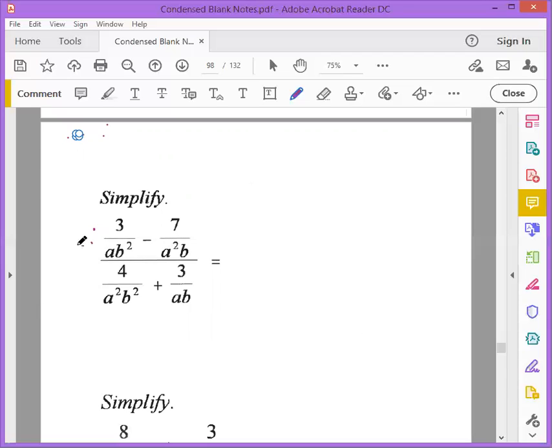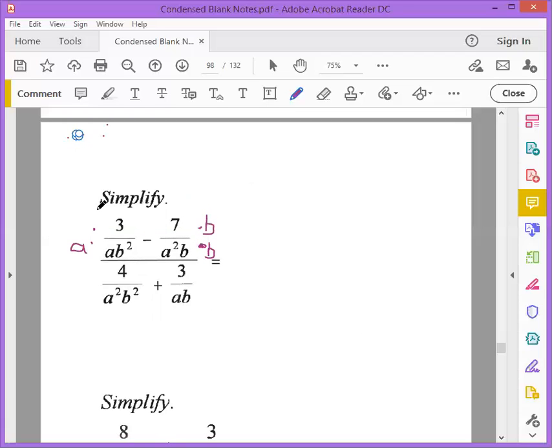So we need to multiply the fraction on the left times a so that we'll have the same powers of a. We have b to the second power in the fraction on the left, but b by itself with just one power on the right. So we need to multiply this term times b in order to make our b terms equivalent.